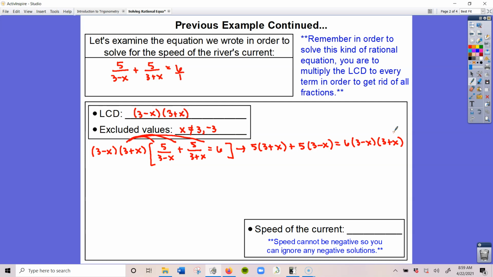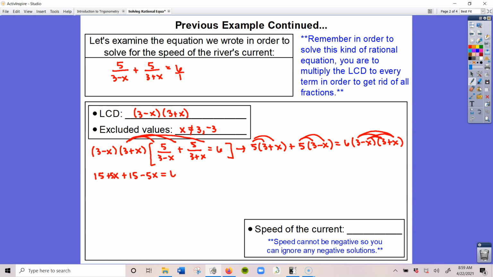So now we have to distribute everything. So I'm going to distribute this 5 and this 5. And then before I distribute the 6, I'm going to distribute these binomials. So what this would give me is 15 plus 5x plus 15 minus 5x.